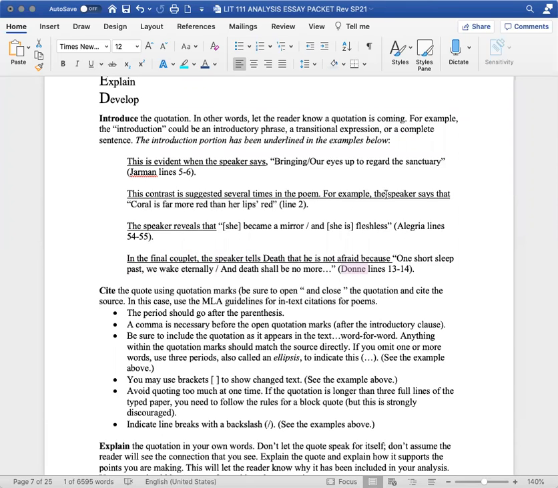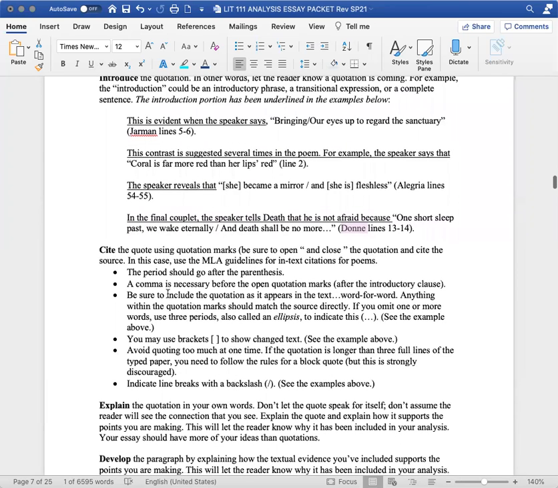And what else? Backslashes, the brackets, everything is explained here. Okay, so to cite it, you want to make sure you have quotation marks. Be sure to open and close them. Make sure that everything in between the 2 quotation marks is exactly as it appears in the poem.